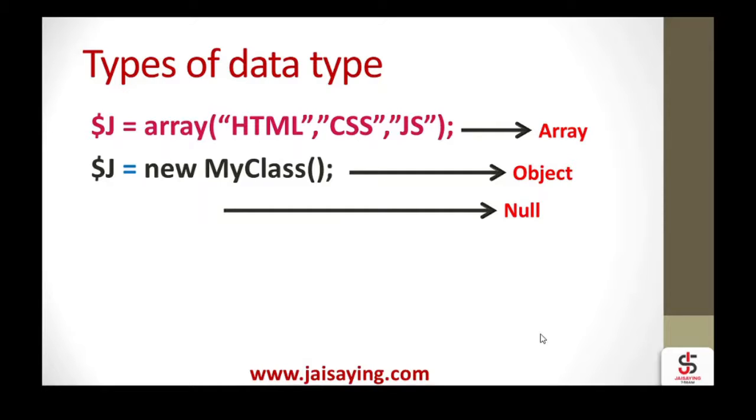For the initial stage, you just need to remember the new keyword. New is the keyword and MyClass is the class name. So for the object data type you have to type $j equals to new MyClass, bracket open, bracket close, and semicolon.